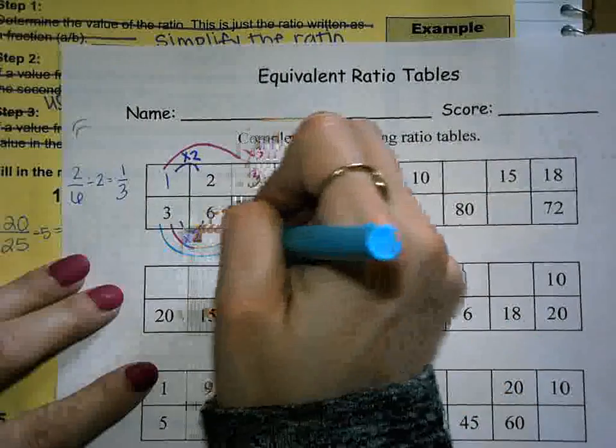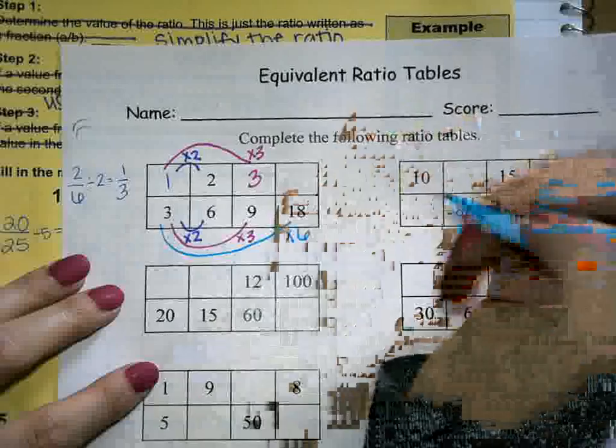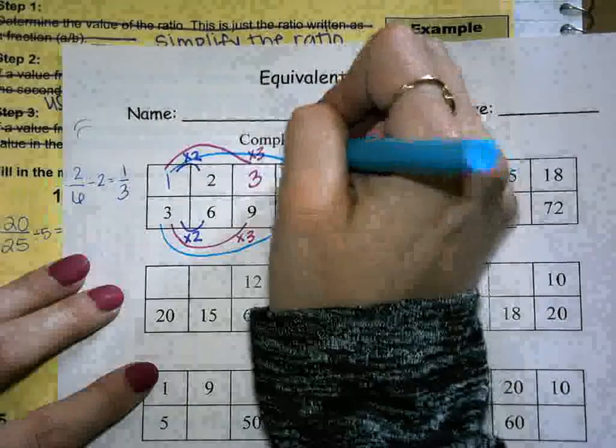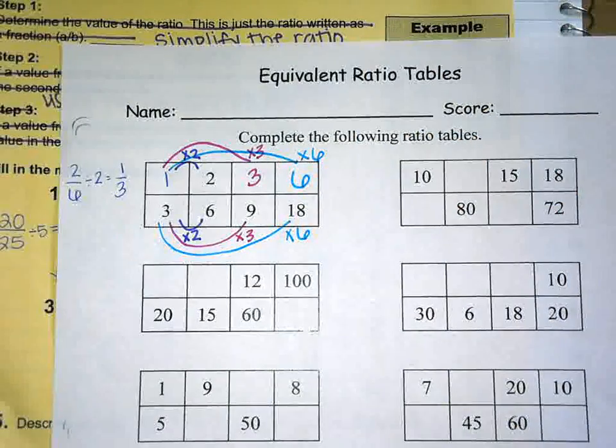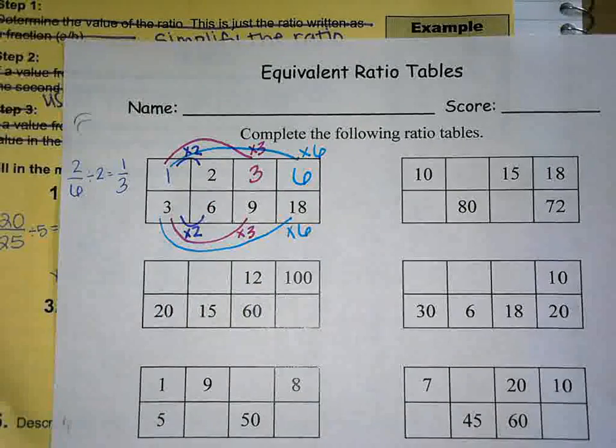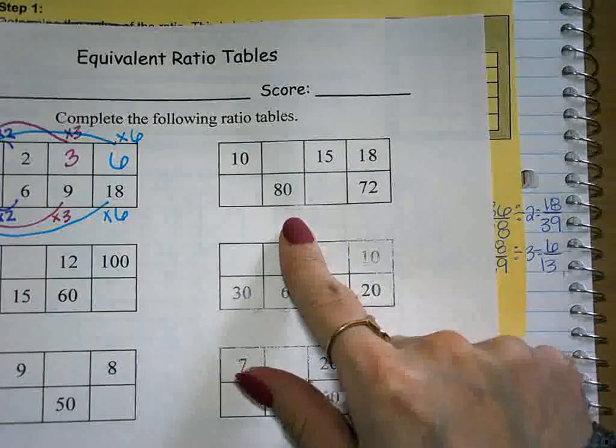And the last one, 3 times 6 is 18. So 1 times 6 is 6. And that is my answer. I have a 1, 3, and 6 in my blanks. Okay, so that's the first one. Let's do the second one.